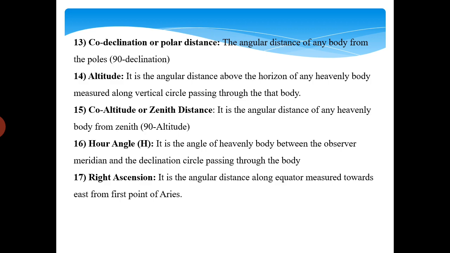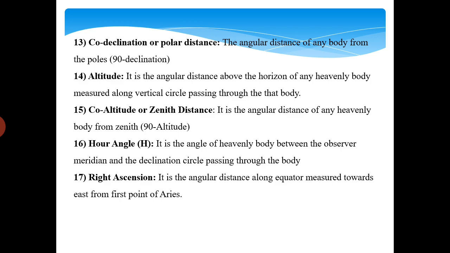It is measured from the zenith towards the body along the vertical circle. The next term is hour angle. Hour angle is the angle between the observer meridian and the declination circle passing through that body. The last term is right ascension. Right ascension is the angular distance along the equator measured towards the east from the first point of Aries.